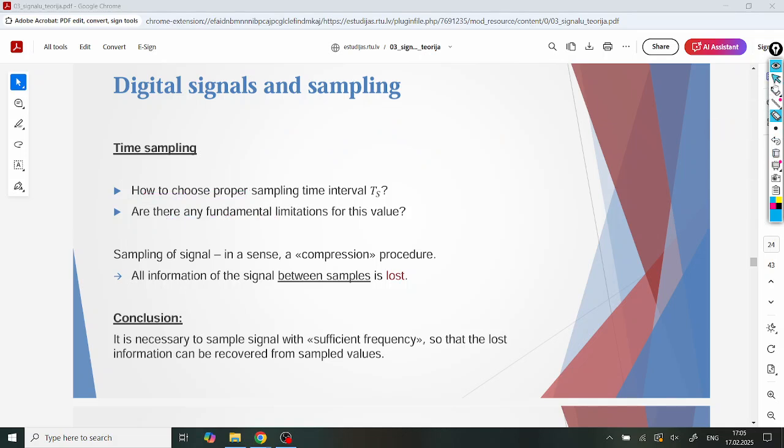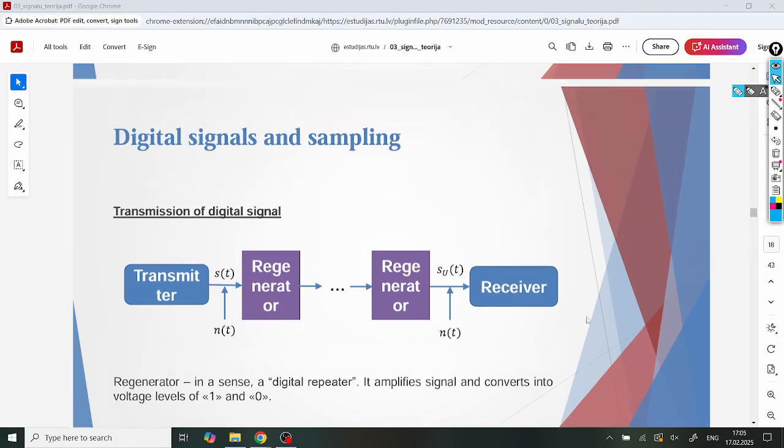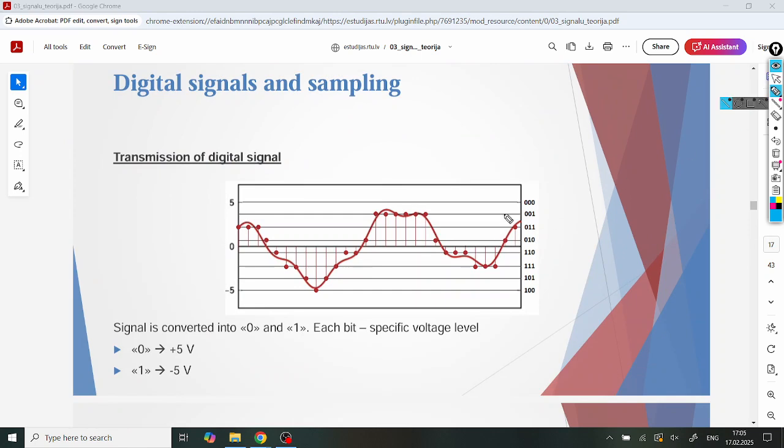But even so, that doesn't mean you have to read it as often as possible, because once again, we return back to this point, and I say it again, that each of these samples is going to be represented by some binary code word, meaning the more samples you have, the more bits you need to store, transfer, work with, etc. So this essentially becomes a time problem, that you are going to need time for all of this, and computational power too. So we also don't really want to overdo it.